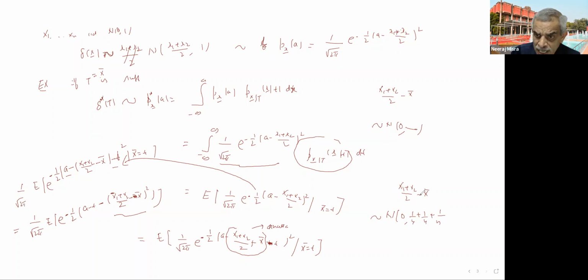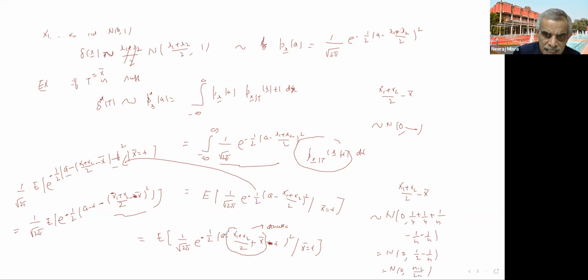Then minus 2 times the covariance of x1 by 2 with x bar, so minus 1 by n. Same thing for x2 by 2 with x bar, so the 2 gets cancelled, minus 1 by n. And how much does that become? 1 by 4 plus 1 by 4 is half, minus 1 by n, since 1 by n gets cancelled, so half minus 1 by n, which is normal with mean 0 and variance n minus 2 by 2n.